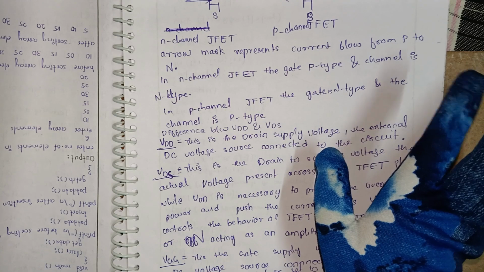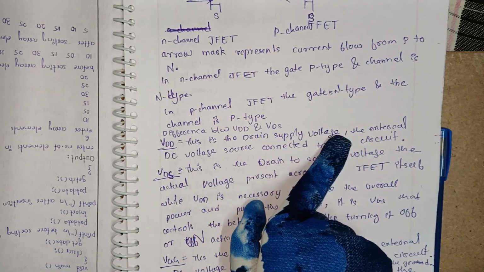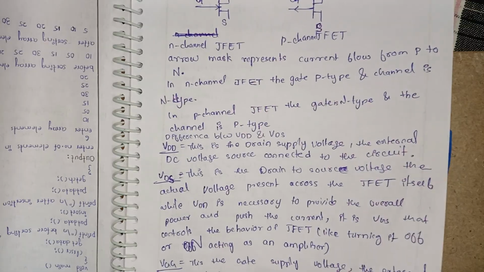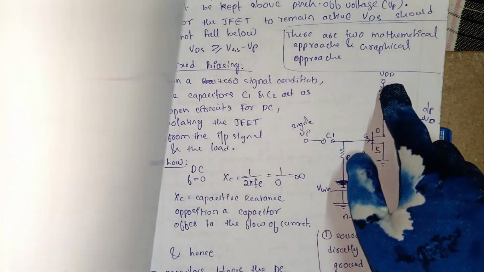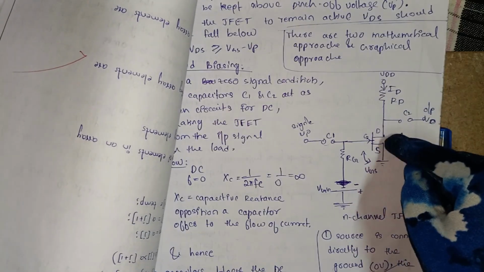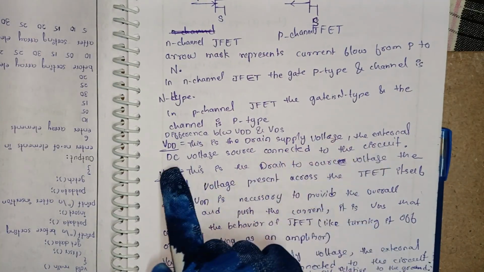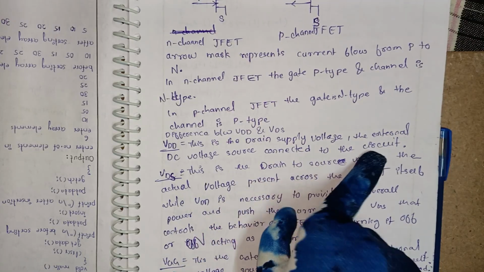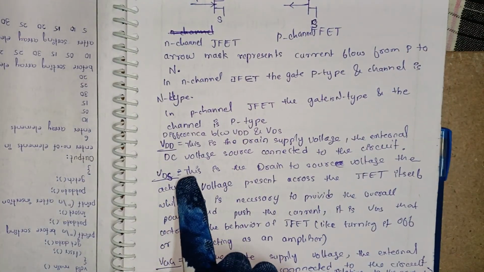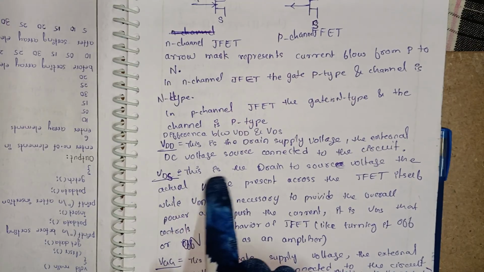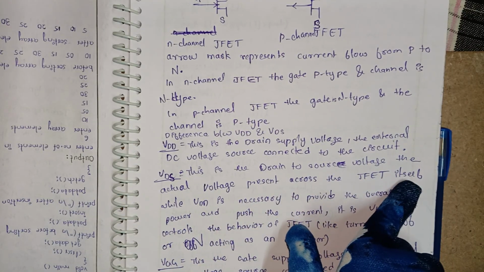Then we will see the different types of voltages associated with the JFET, that is VDD. This is the drain supply voltage, which is connected to the drain. It is the external DC voltage source connected to the circuit. Then VDS is the drain to source voltage, the actual voltage present across the JFET itself.